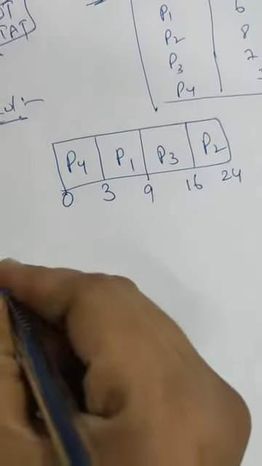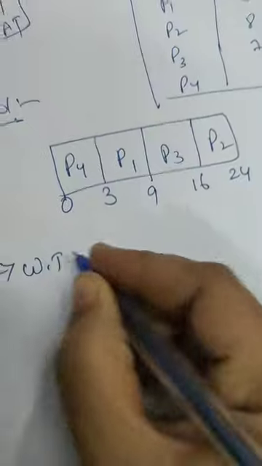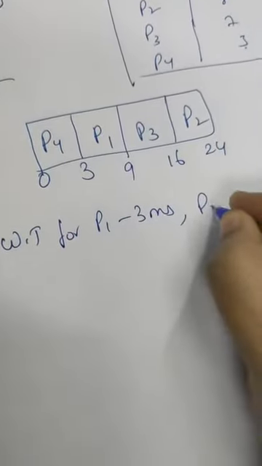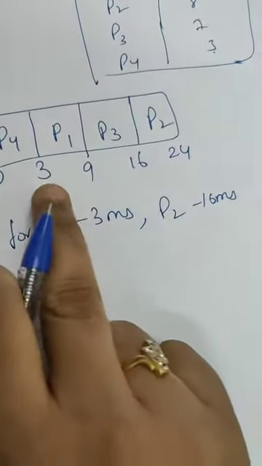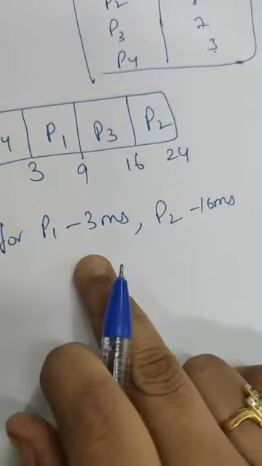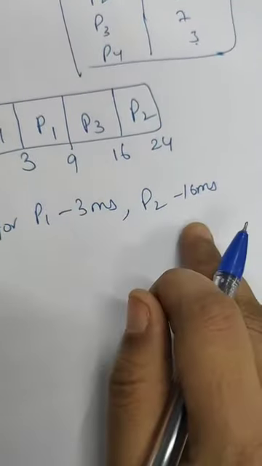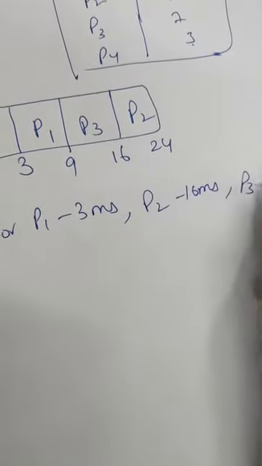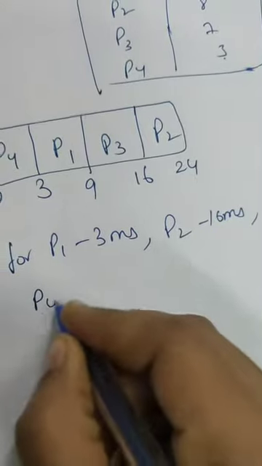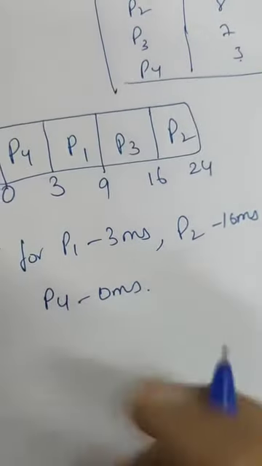Now I can say the waiting time for P1 will be 3 milliseconds, P2 will be 16 milliseconds, and P3 will be 9 milliseconds, and P4 will be 0 milliseconds.